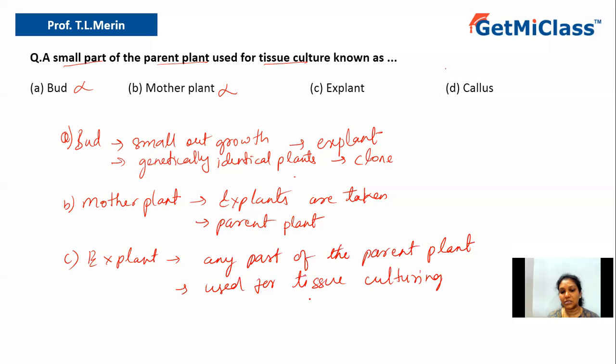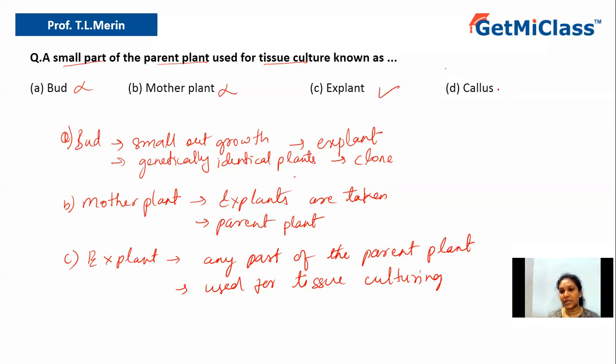It can be a bud, a root, a part of the stem, a leaf or any part. Everything can be considered an explant. So option C should be the right answer.